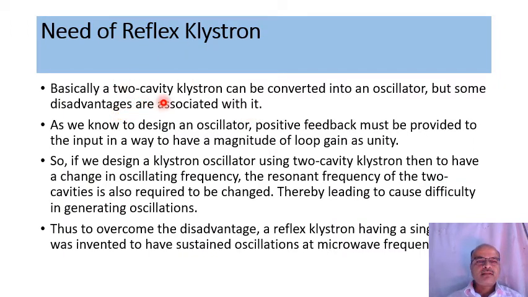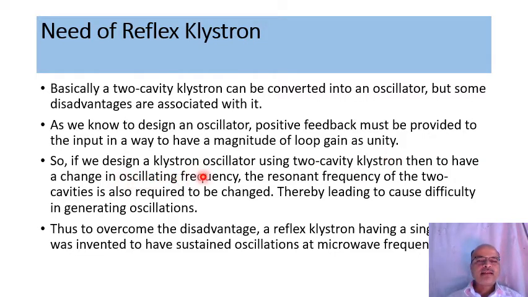Basically, the two cavity klystron can be converted into an oscillator, but some disadvantages are associated with it. As we know, to design an oscillator, positive feedback must be provided to the input in a way to have a magnitude of loop gain as unity.